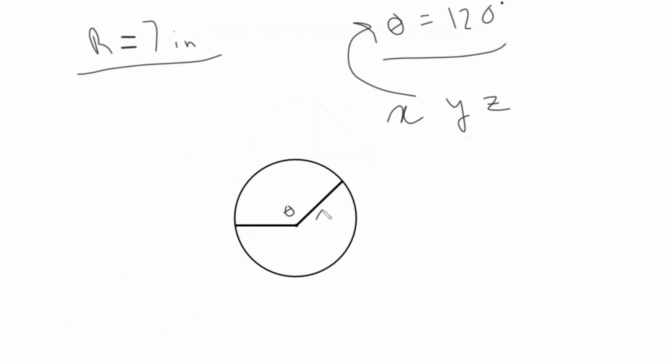So this is 7, and the other side is also 7. We have both sides, and now we are asked to figure out the arc theta. I'll call this arc A, and anything within these arrows is A.